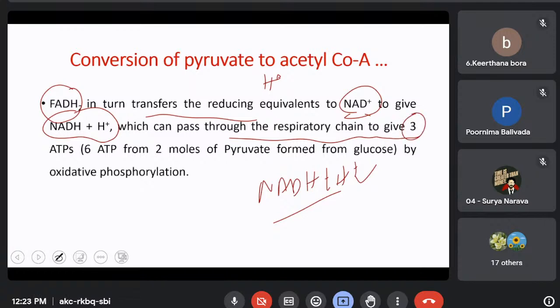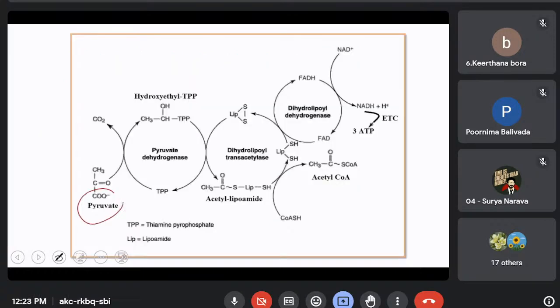Okay. So thus, the coenzyme A participates, that is thymine pyrophosphate, so that pyruvate is converted in the presence of pyruvate dehydrogenase to produce hydroxyethyl thymine pyrophosphate.